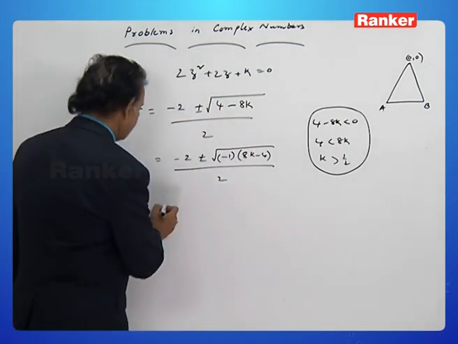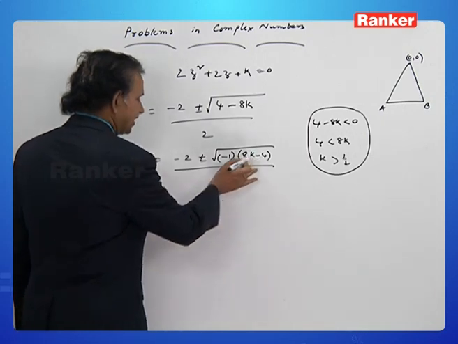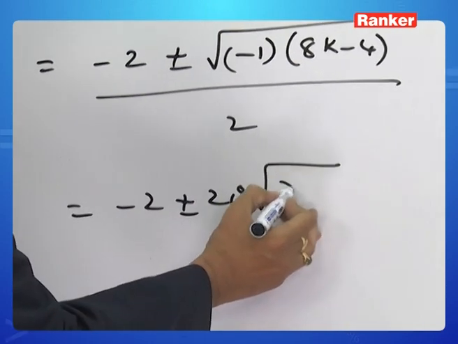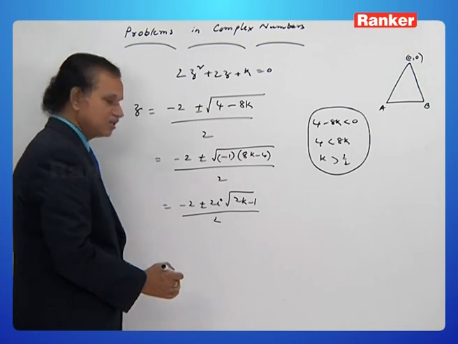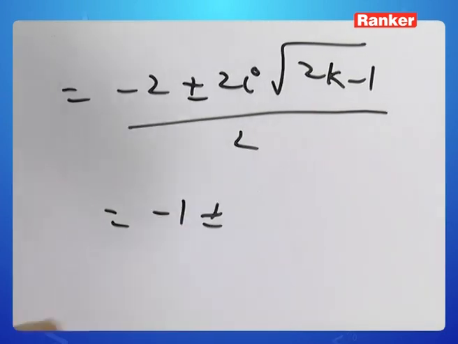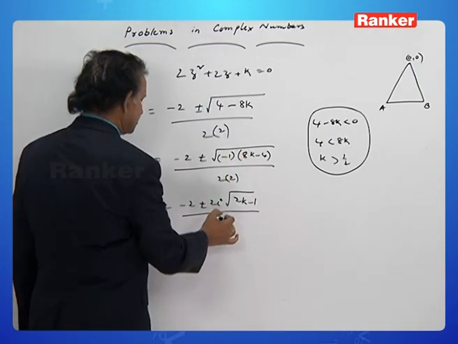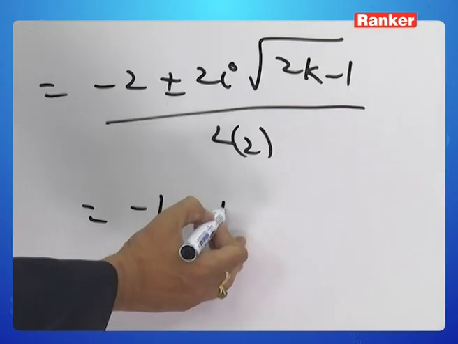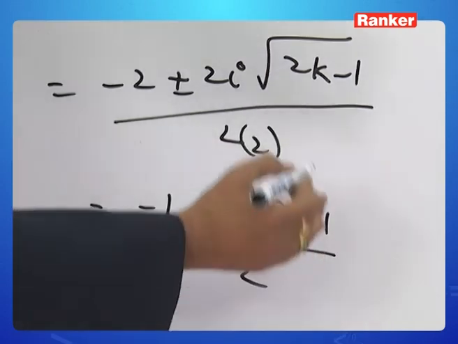So this can again be taken as minus 2 plus or minus, let me get 4 out so that it becomes 2i into root of 2k minus 1 by 2. You can cancel 2 here. This is minus 1 plus or minus, by 2a, that is 2a. Therefore, minus 1 plus or minus i root 2k minus 1 by 2.